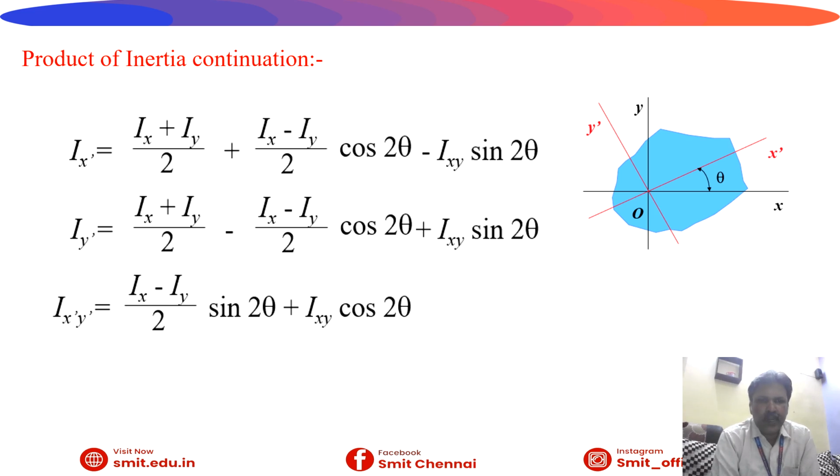Then Iy dash equals (Ix plus Iy) by 2 minus (Ix minus Iy) by 2 cos 2 theta plus Ixy sin 2 theta. Finally, Ix dash y dash equals (Ix minus Iy) by 2 sin 2 theta plus Ixy cos 2 theta.